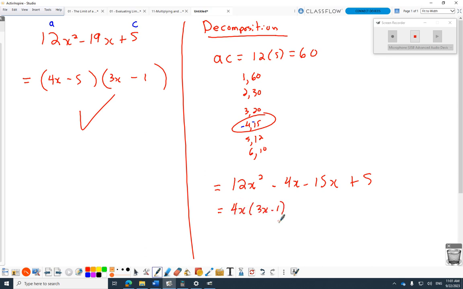I common factor 4x out of the first 2. I common factor negative 5 out of the second 2, and if you've done it right, you end up with the same bracket in both. And now you can see the 2 pairs: 4x minus 5, 3x minus 1.